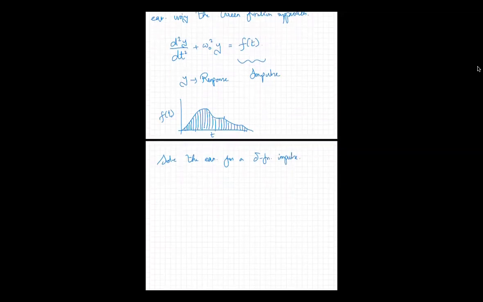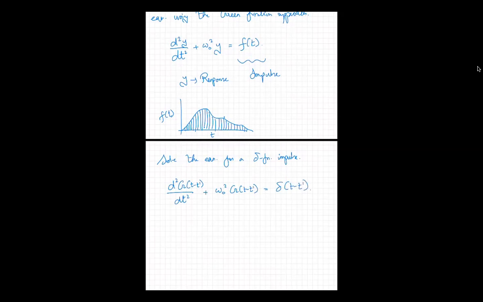Since I'm freezing the time at some t prime, I'm going to have delta of t minus t prime, and of course the response is also decided by that at that particular time, so the left hand side is also a function of t minus t prime. So I'm going to instead solve the equation d squared g, which should be a function of t minus t prime, plus omega 0 squared g equals delta of t minus t prime.